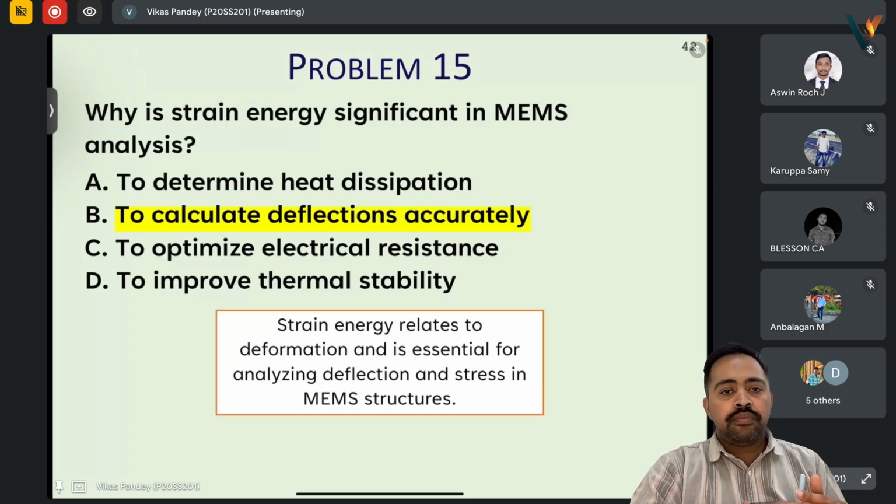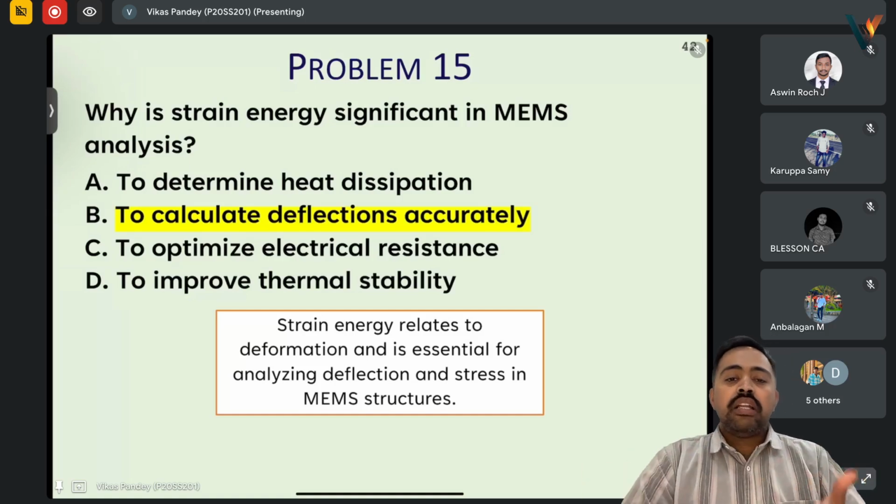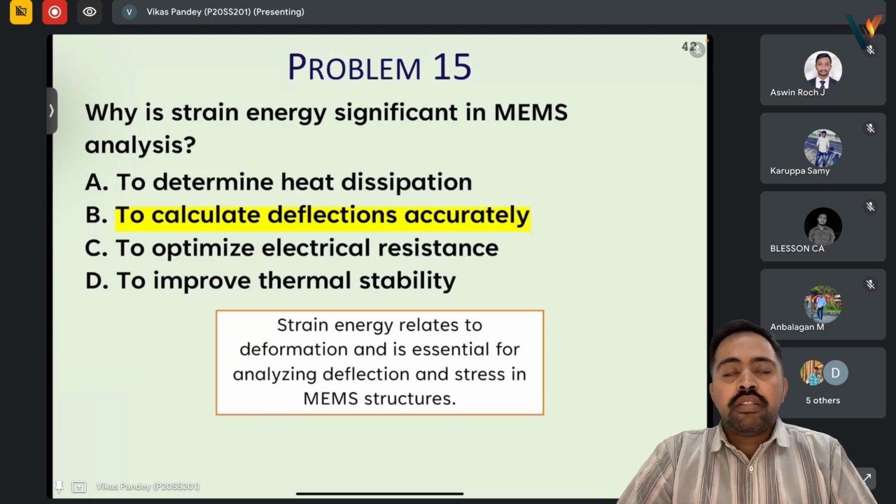Fine. So whoever answered B, right? Yes, sir. So strain energy relates to deformation and is essential for analyzing deflection and stress in the MEMS structure.